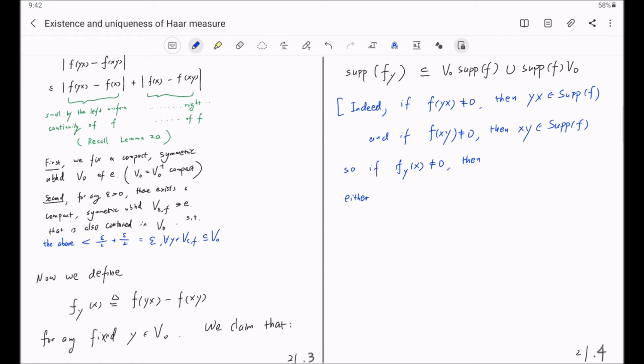Either x is in y inverse times the support of f, which is contained in, remember, we restricted y to the set V naught, so it is in V naught inverse times the support of f. But remember, we took V naught to be symmetric, so this is really equal to just V naught times the support of f.